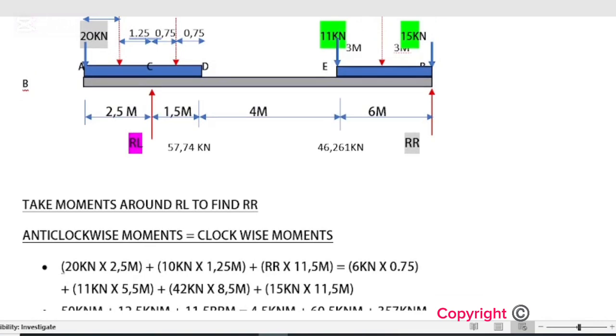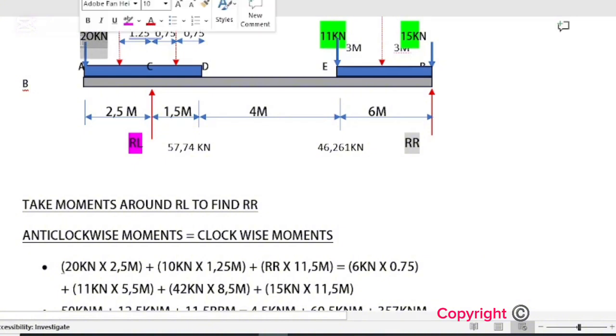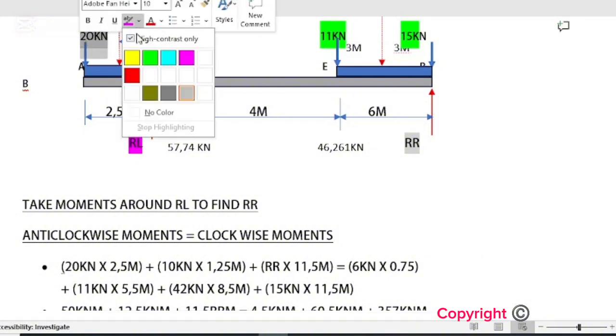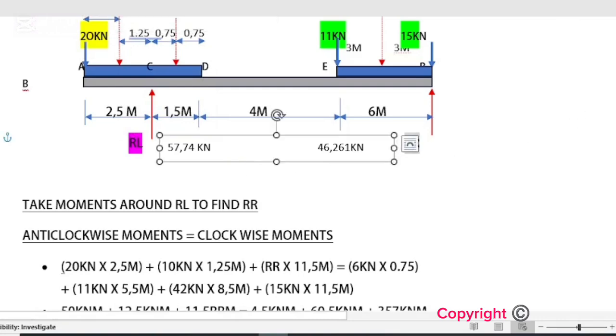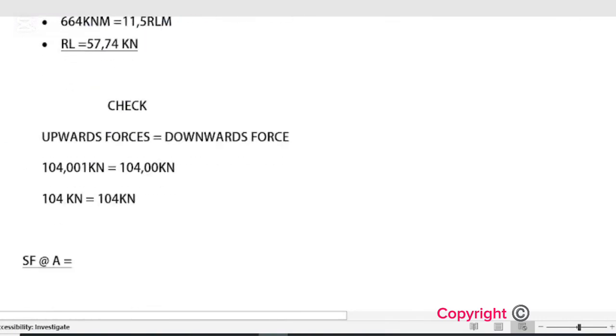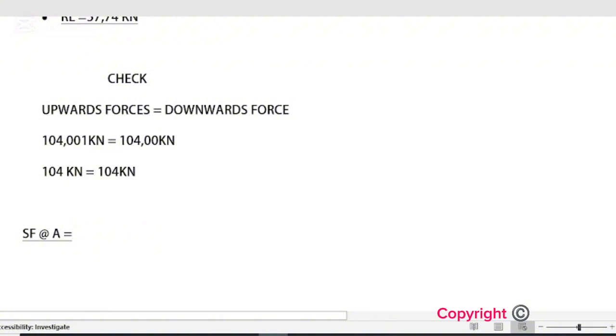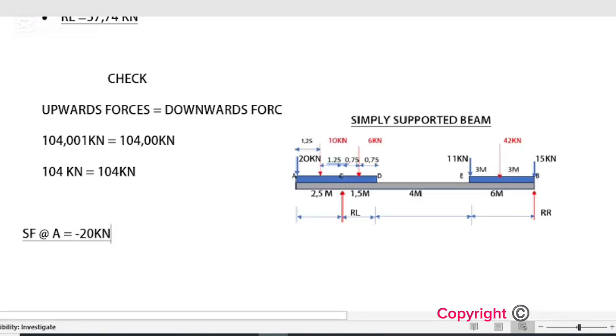If you can check, we have 20 kilonewton. Let me highlight it with another color. Let's use yellow. This is 20 kilonewton, and it's negative 20 kilonewton. Why? Just because it's going downwards.